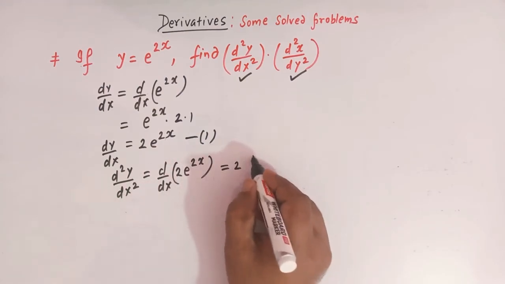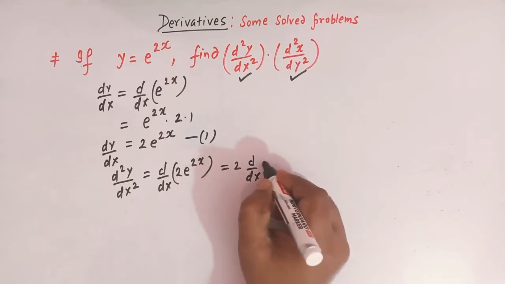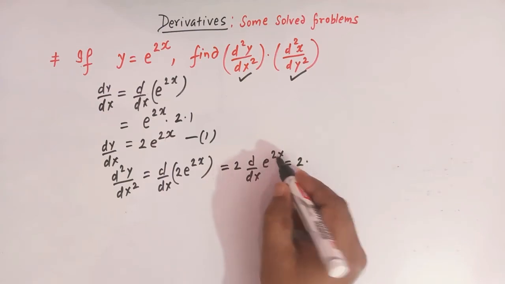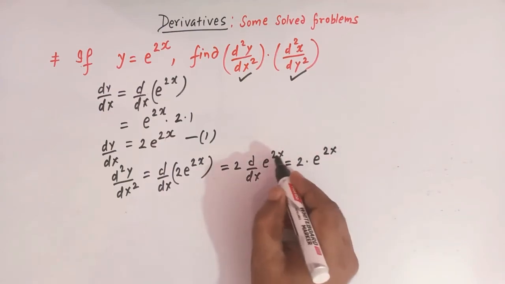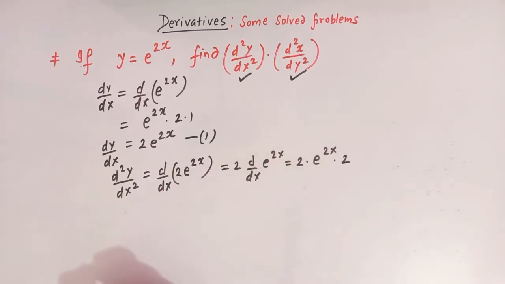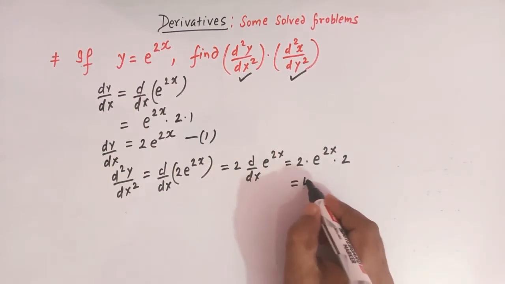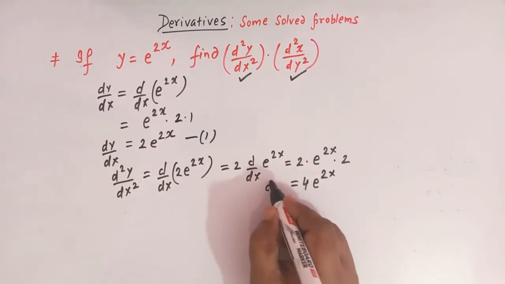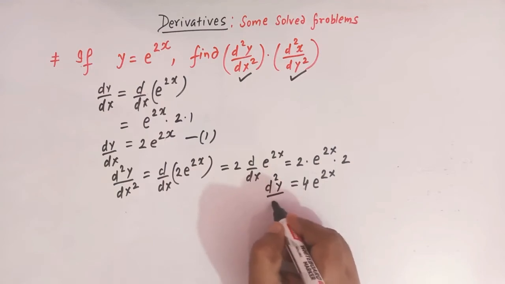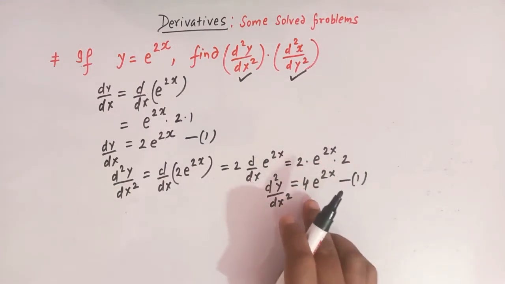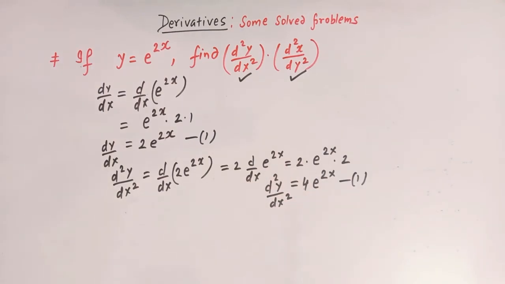We have 2 times the derivative of e raised to 2x, which is e raised to 2x, and then we have 2. So we have 4 times e raised to 2x. So the second derivative of y with respect to x is given by this expression, right?